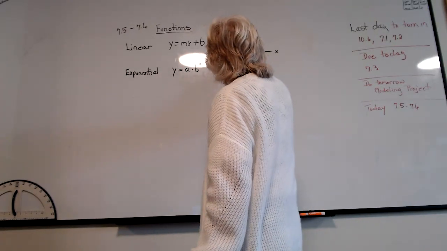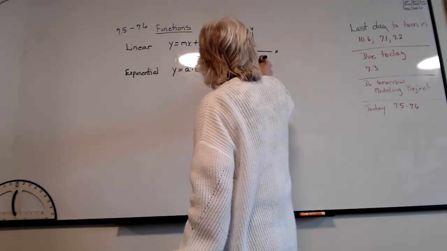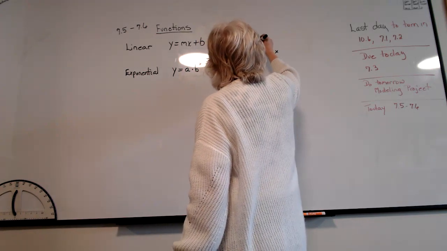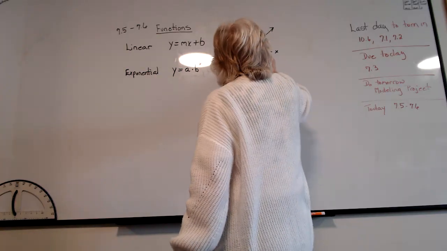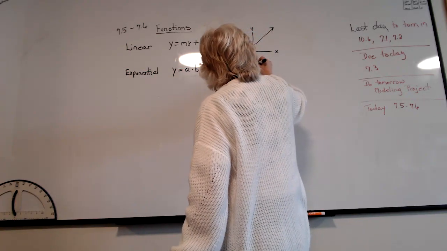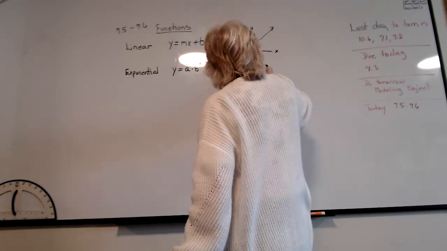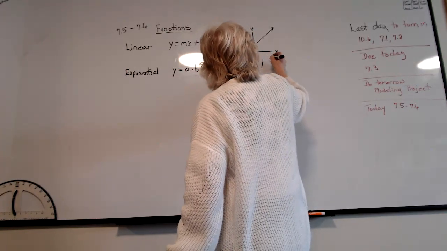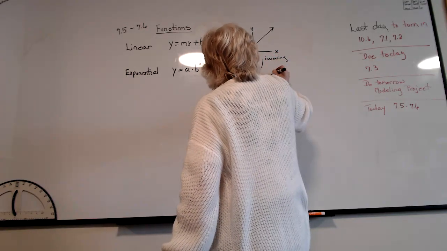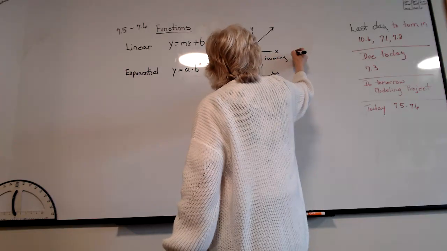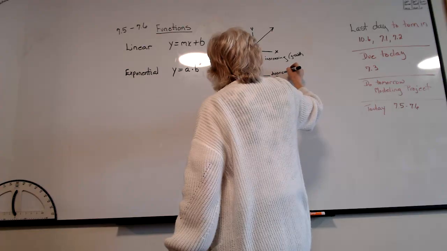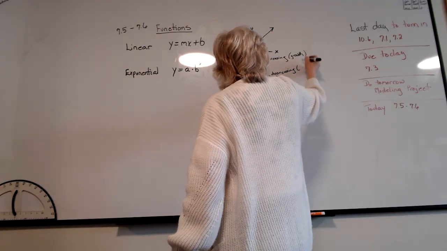Again, we make a chart with x's, we come up with y's, we graph it on our x and y. A linear function will give us a straight line. A quadratic or an exponential function will either come down like this, or it will go up like this. This is increasing, this is decreasing, this is growth. This is decay.